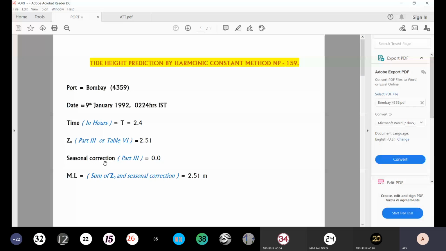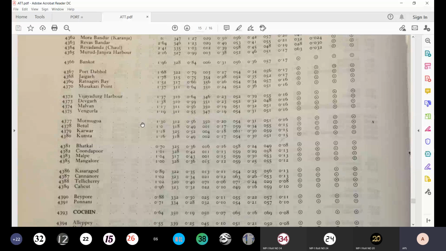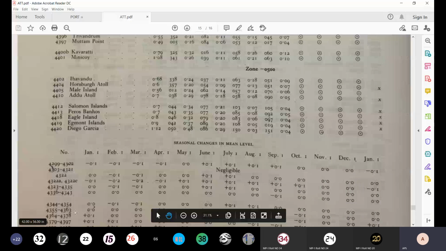Then you look for seasonal correction for port 4359. So seasonal correction should be given at the bottom. So you can see here 4359 will come between 4355 and 4363.